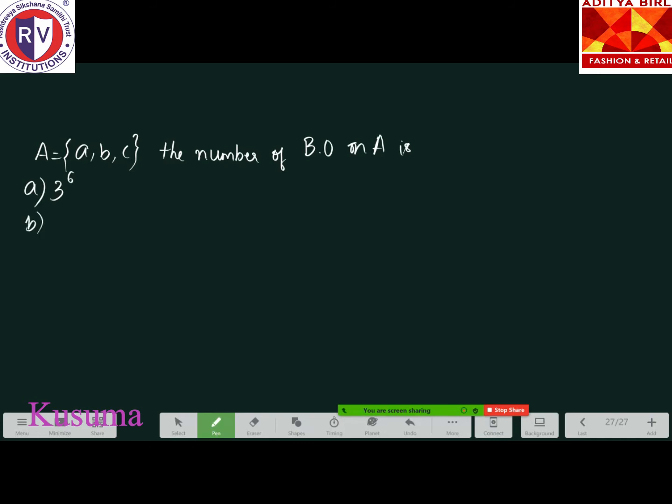Option B is 3 cube. Option C is 3 to the power of 9. And option D is 3.